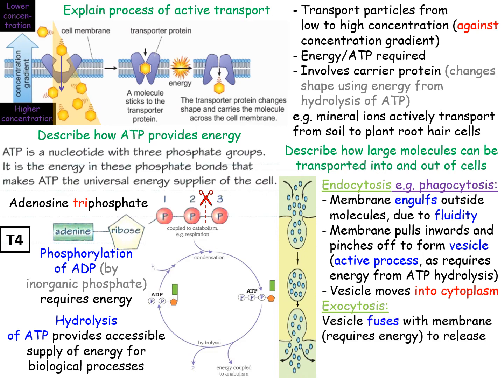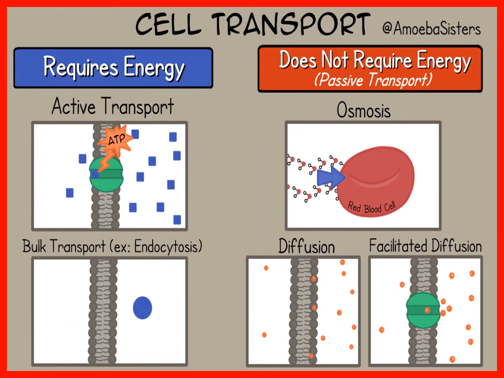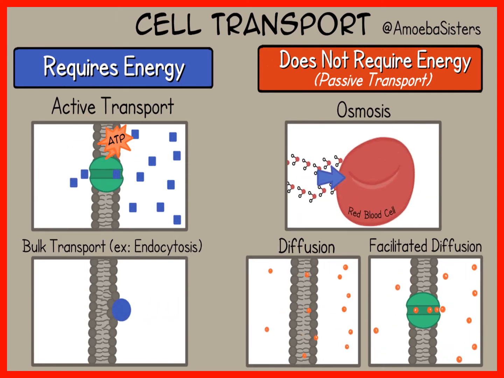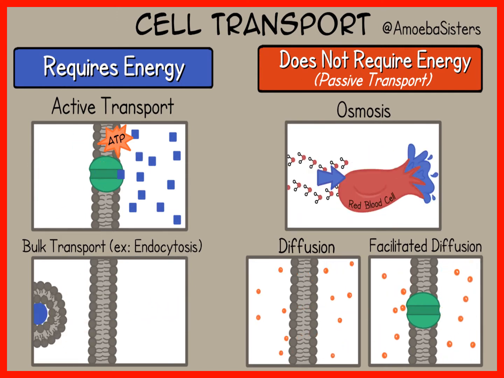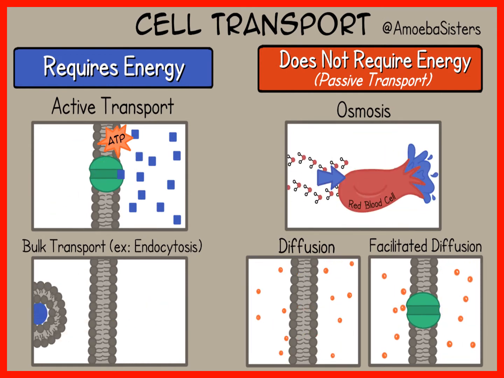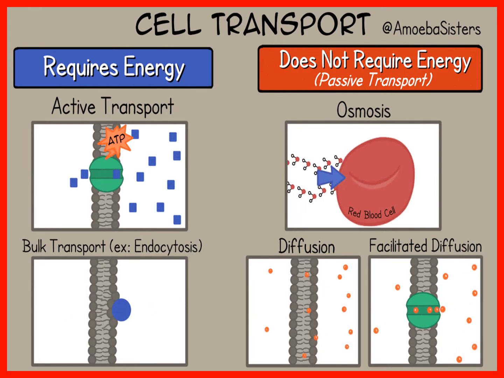In exocytosis, the vesicle fuses with the membrane, which also requires energy from the hydrolysis of ATP, and this releases the content of the vesicle, such as proteins or other large macromolecules, out of the cell. And here's an example of both active transport and endocytosis, which is an active process that requires the hydrolysis of ATP to release energy.